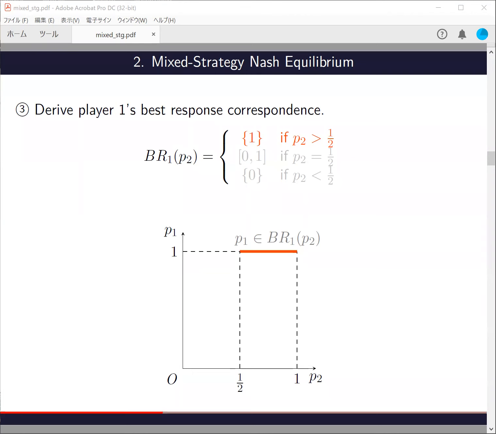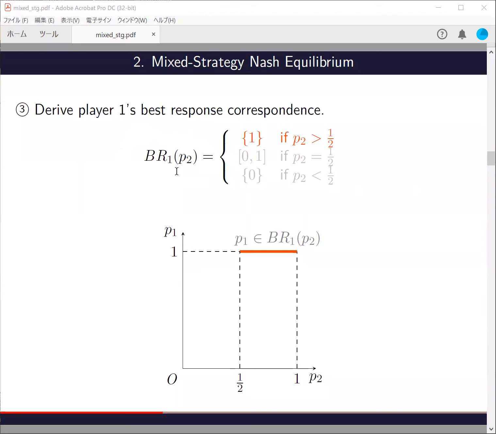Now, the best response of player 1, denoted by BR1 of P2, is the set of possible P1 that maximizes the expected payoff of player 1 for a given value of P2.